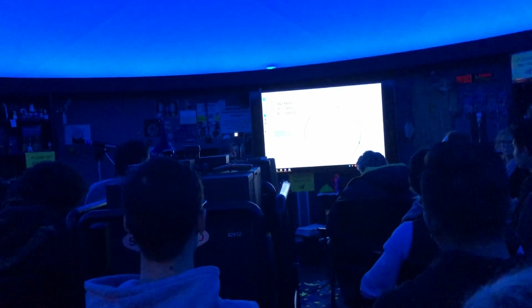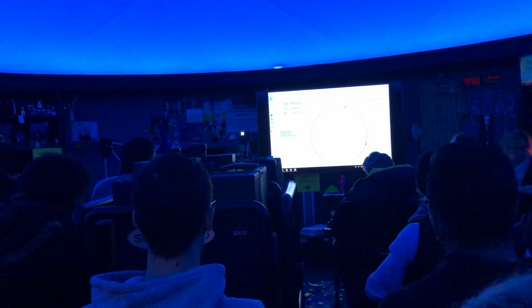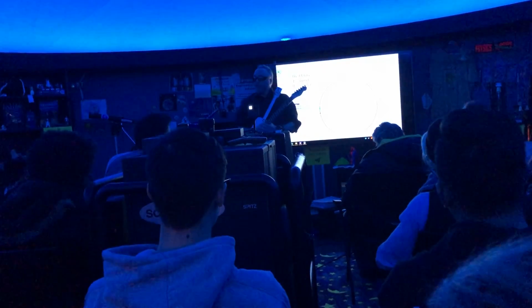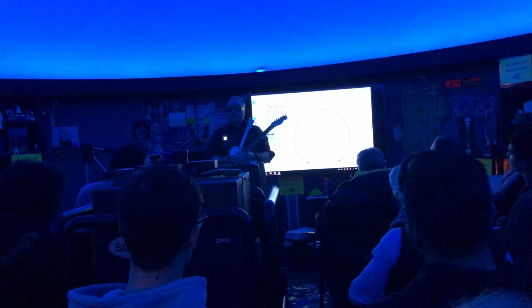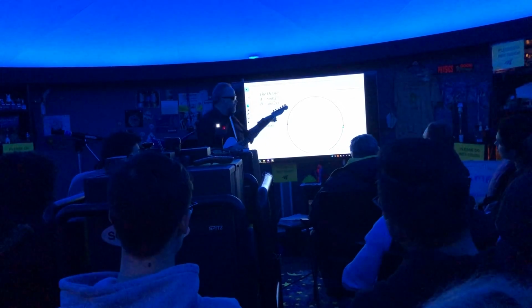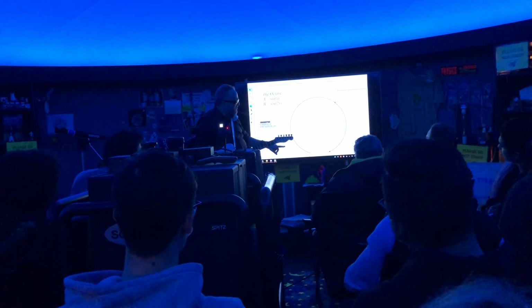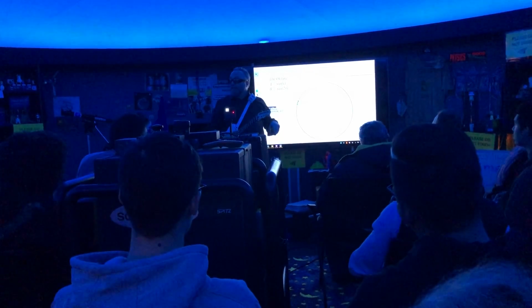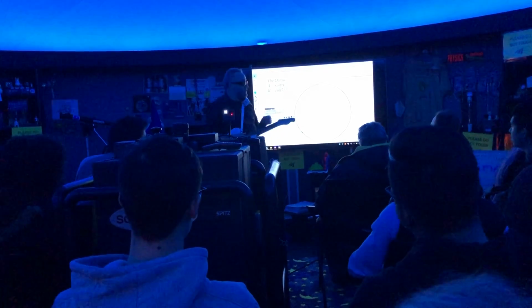So what I have is 2 points moving around a circle now. Since I'm playing 2 notes on my guitar, there's 2 points moving around a circle, and one of them is moving twice as fast as the other, right? Can you see that? That's the same as my string length of 1 and the string length of 2.